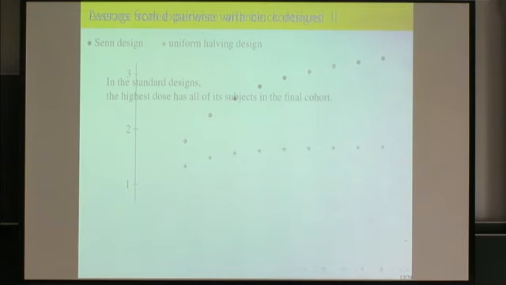Okay. But then I had another thought, thinking from block designs. In your standard designs, you can't bring in the highest dose until the last cohort. So there's one treatment that occurs in only one block.